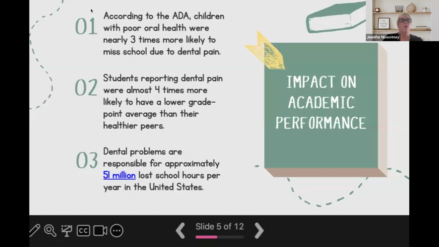Students having dental pain are 4 times more likely to have a lower grade point average than children that don't have any dental issues. And dental problems are responsible for approximately 51 million lost school hours per year in the United States. So addressing oral health issues and implementing some type of dental screening in your school could help address some of these issues early on, reduce absenteeism and help students stay on track academically.